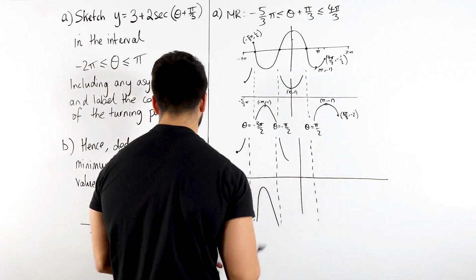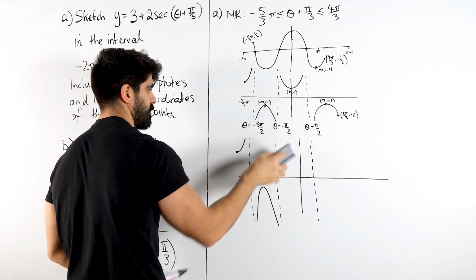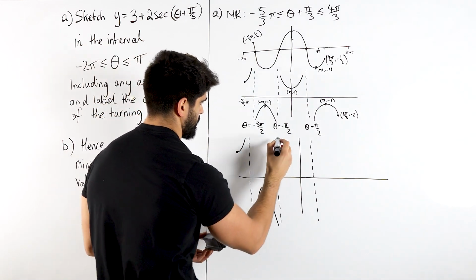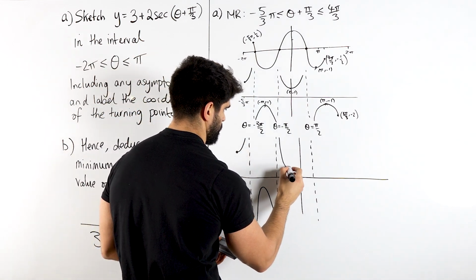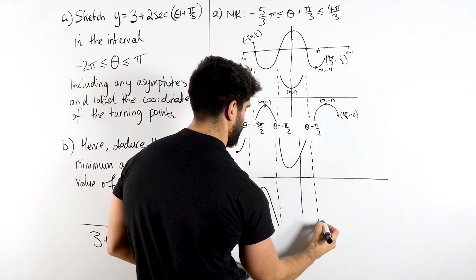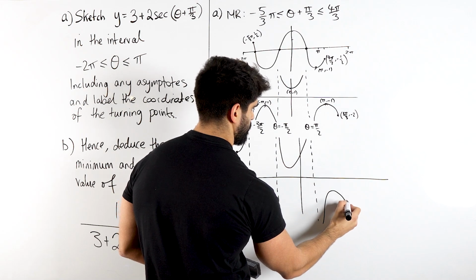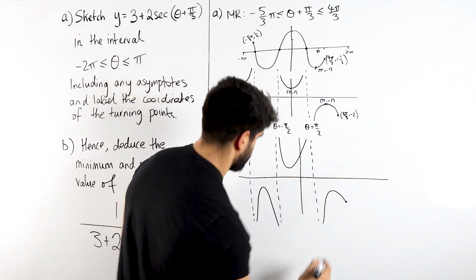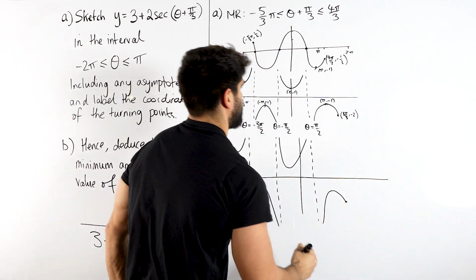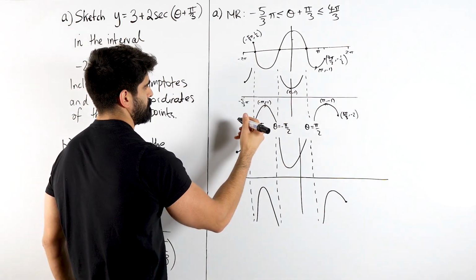But it needs to come further down than the other point, which was at 2, right? So it needs to come further down, look like that. And then we have this kind of full, but kind of like half as well, like that.